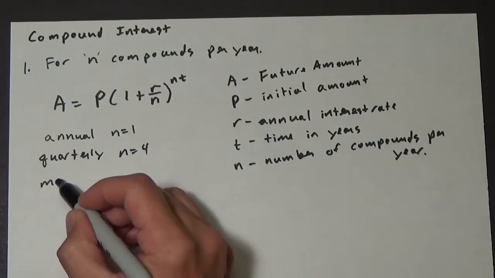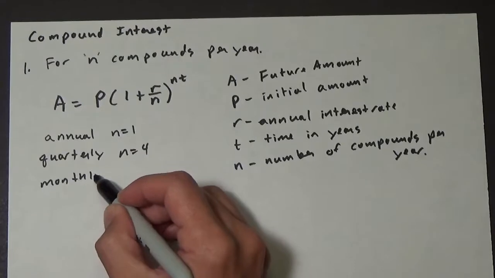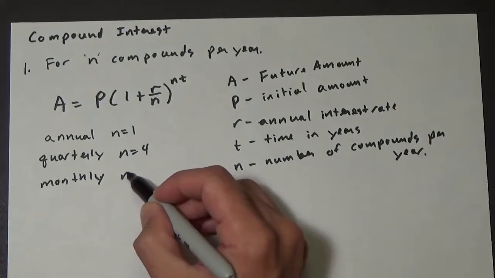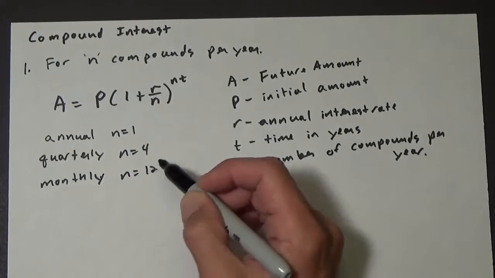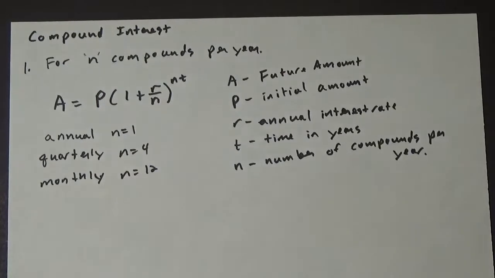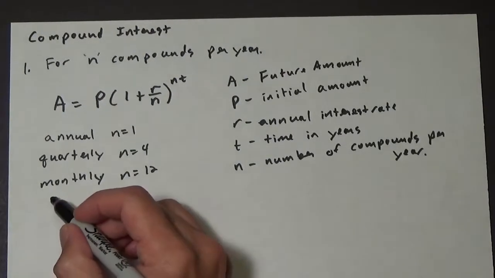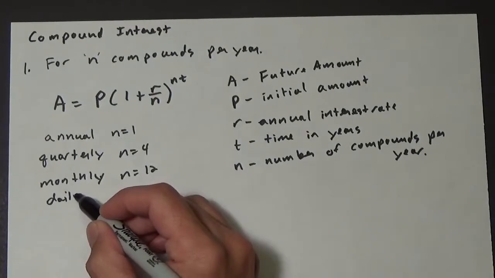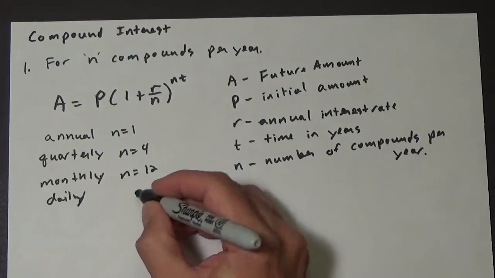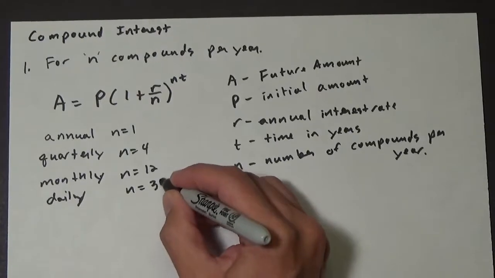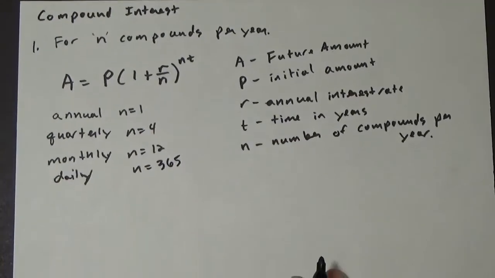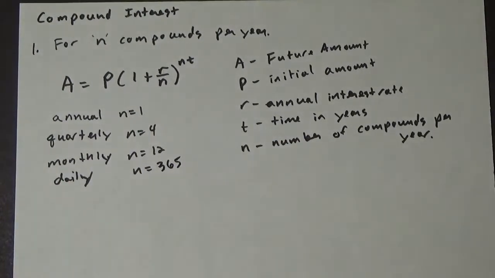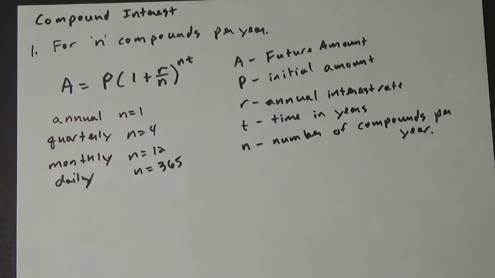If N is monthly, we compound 12 times a year. And we can go on to daily, which N is 365 days a year. Okay, so notice that we're getting more and more compounds.